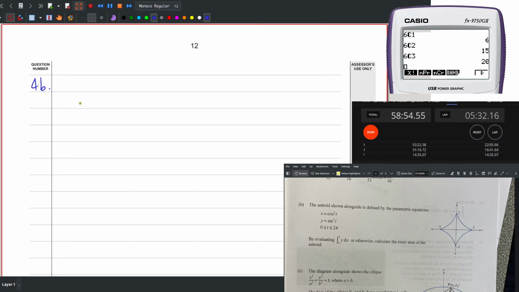No way, no way. x equals cos cubed of t, y equals sine cubed of t, 0 less than or equal to t less than or equal to 2 pi, right? Okay. What? Hey, no way. There must be a better way, right?